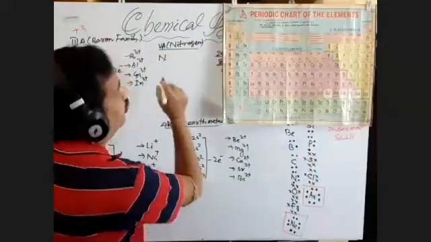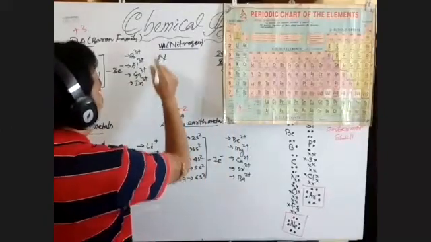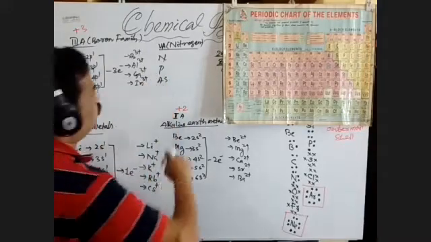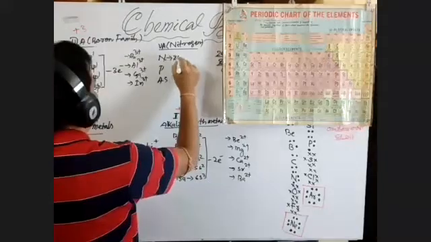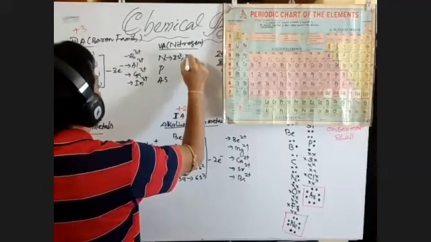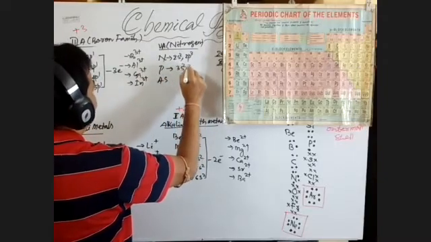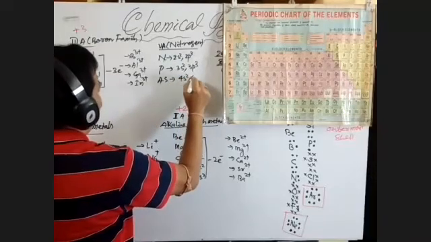Next is phosphorus. Next is arsenic. So let us take only three members here. Okay. So what will the configuration be? The electronic configuration will be 2s2 2p3. Next, 3s2 3p3. Arsenic will be 4s2 4p3.